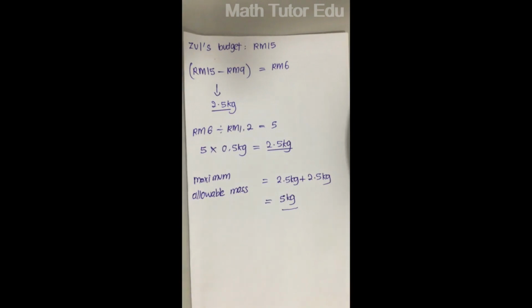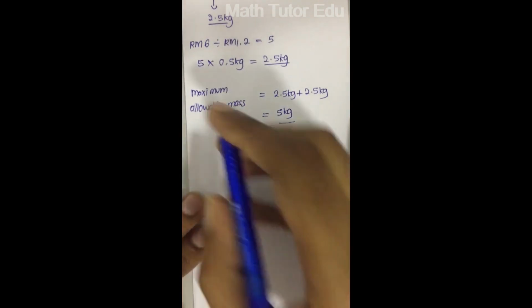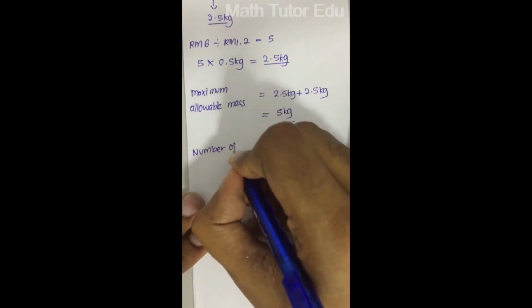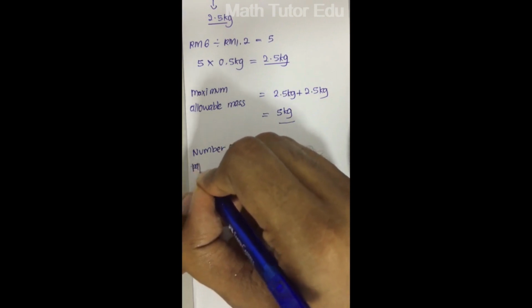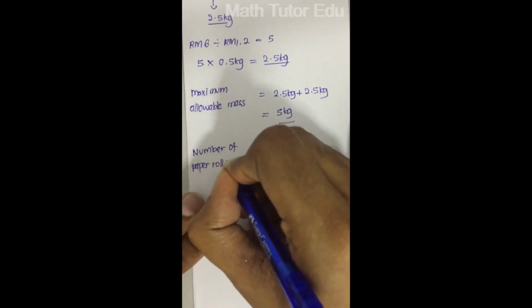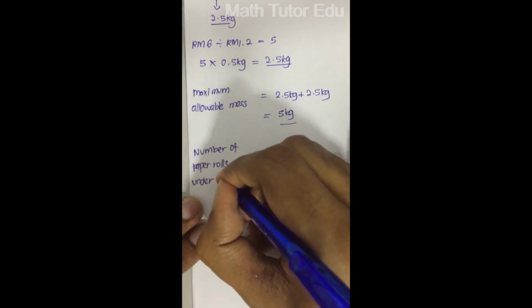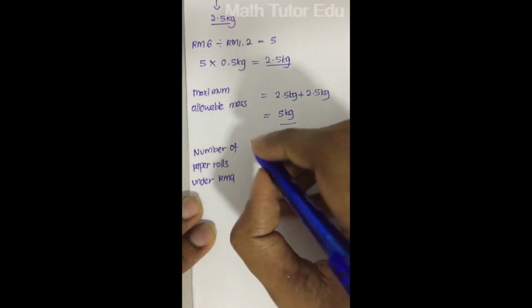Once you identify the maximum allowable mass, now we need to calculate the number of paper rolls under 9 ringgit. So how are you going to calculate?